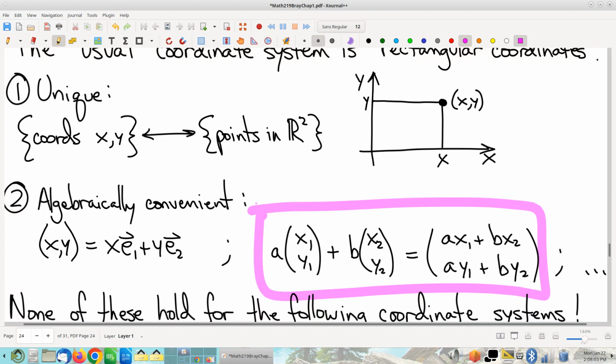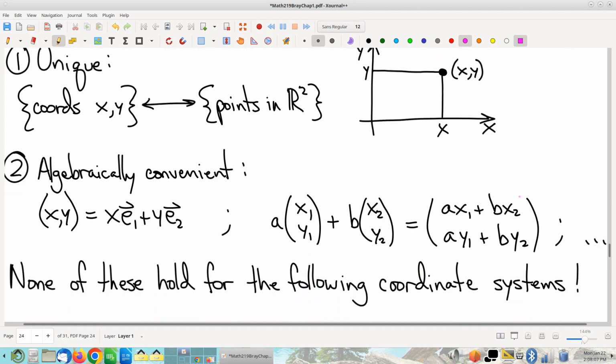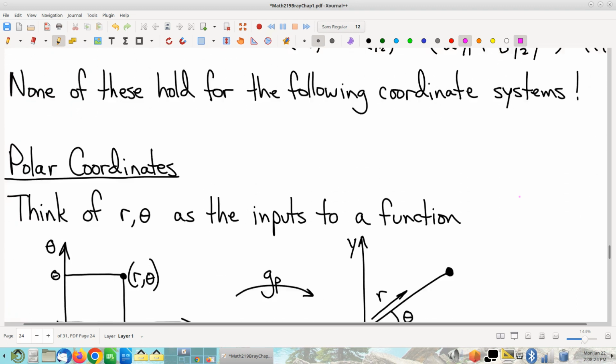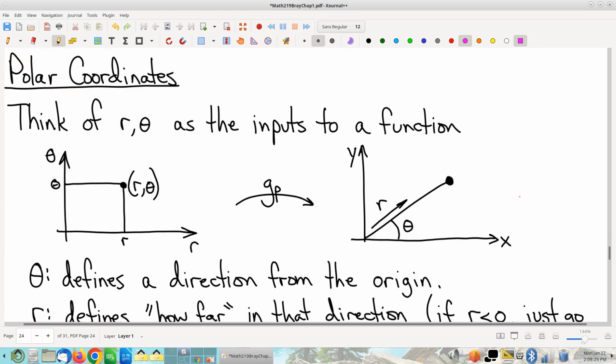Okay, so these as well will not hold in our new coordinate systems, right? So this, again, is a really nice peculiarity of the rectangular coordinate system, just like the uniqueness. So anyway, it's important to realize what you have to let go of when you create a new coordinate system.